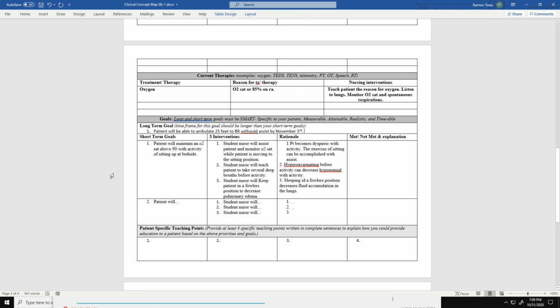See, that's 3 days or something, right? So 25 feet to bathroom without assist. This might seem very unrealistic at the time, but I think that for this patient, that would be a realistic goal. At this time, he's not even able to sit up at the bedside.